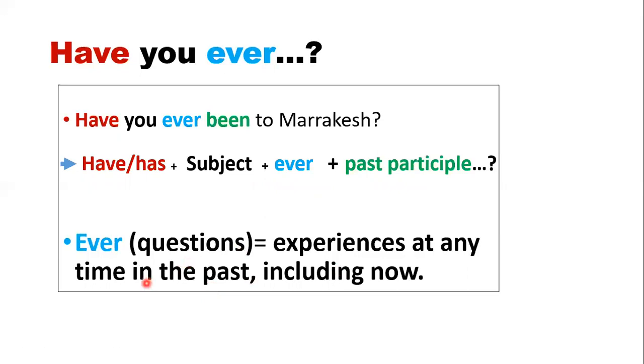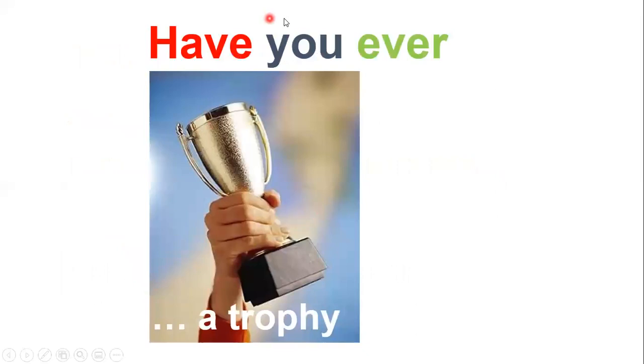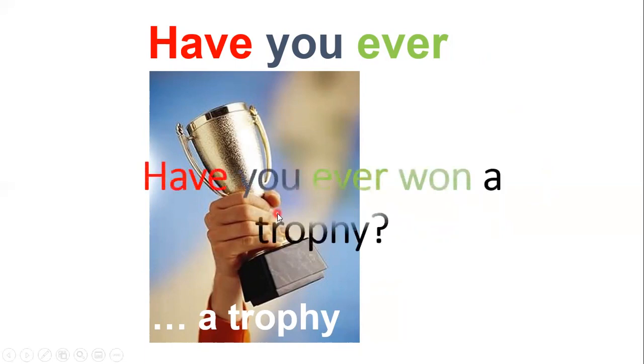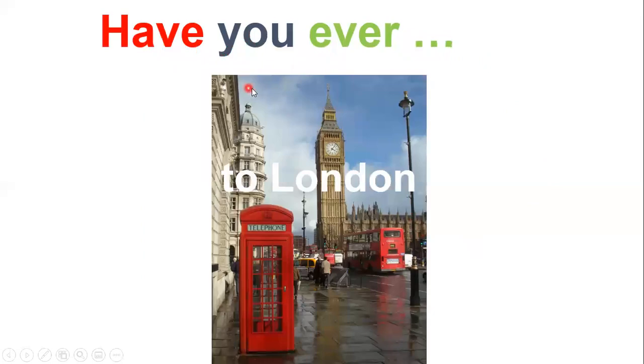We'll practice a little. So, have you ever a trophy? The verb here is to win. Have you ever won a trophy? Have you ever won a trophy? Have you ever to London?